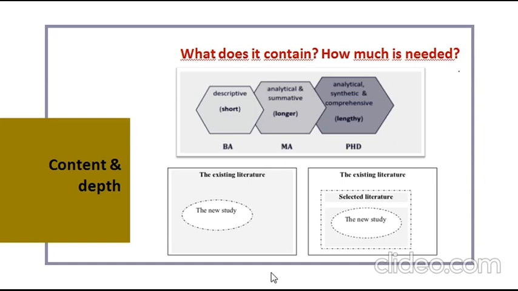Sometimes novice researchers try to write everything that is directly or indirectly related to the topic. Sometimes the review of literature starts with elements which are very far from one's study, and this would be considered a mistake.